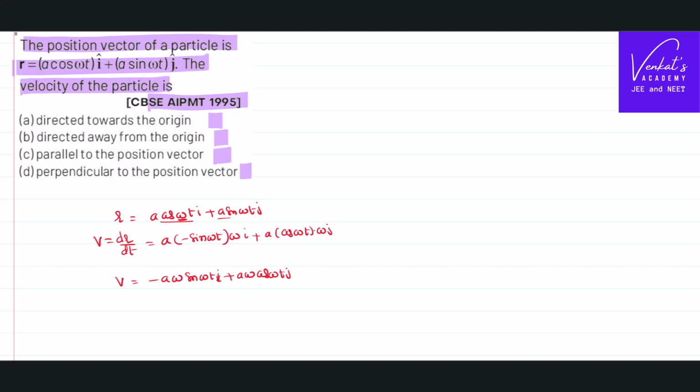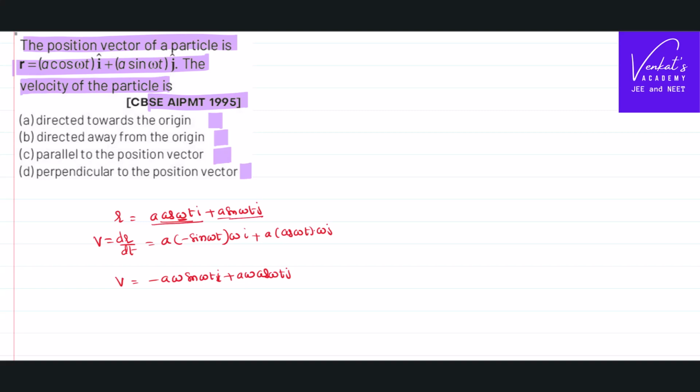Is the velocity vector directed towards the origin? No, that's definitely not the case. Directed away from the origin? We cannot say those things, because directed towards the origin means its x and y components have to come towards the origin. But here, this is plus i, going away from the origin.